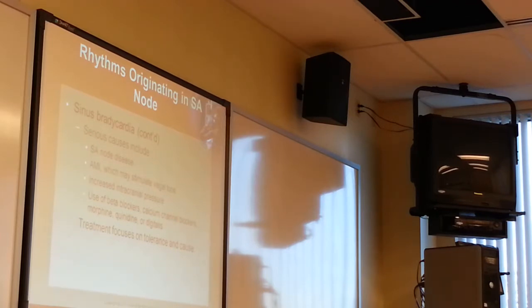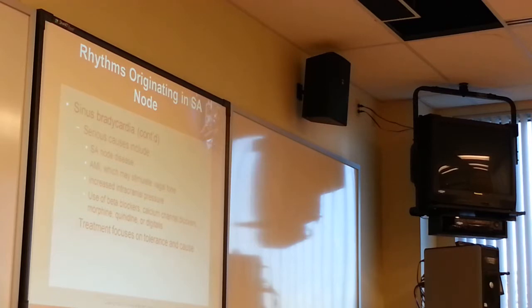Some causes of sinus bradycardia. There's SA node disease. They had an anterior wall MI, which could stimulate vagal tone, increased intracranial pressure, beta blockers, calcium channel blockers, morphine, quinidine, digitalis. Your treatment should focus on tolerance and causes.